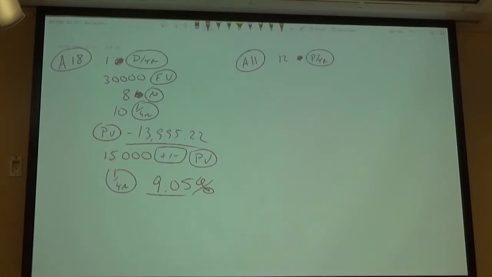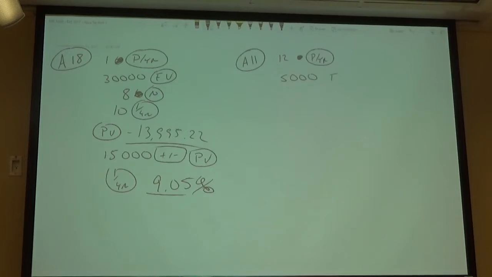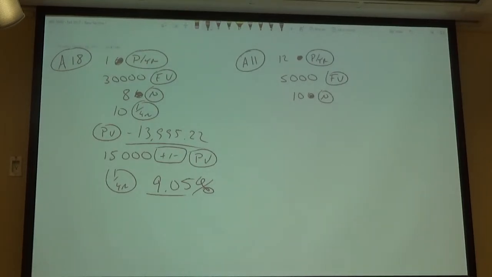All right, he needs to accumulate $5,000 as future value 10 years from now. And the money is going to be earning 6%. All right. And basically what we're searching for is what? Payment.